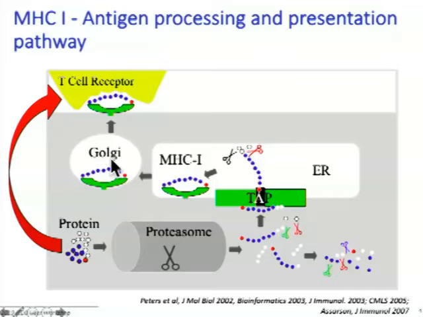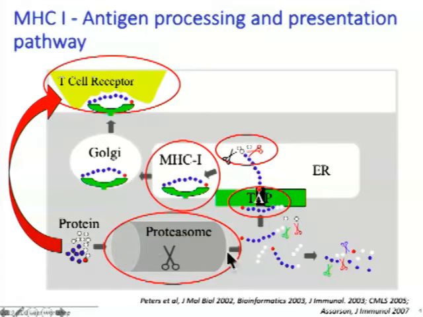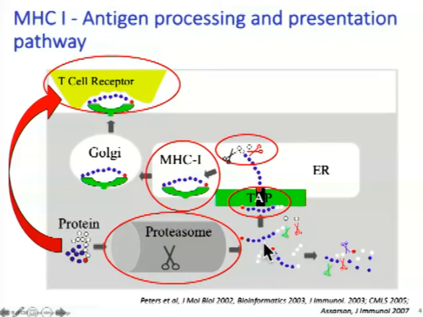Now, when you look at these different steps involved here, they are all specific in some shape or form. These are not random processes: the proteasome will cleave certain fragments, and TAP will transport preferably certain peptides, of certain lengths and with certain C-terminal residues specifically. And MHC class 1 molecules have a specific preference for binding specific peptides, and that's primarily what Sinu has talked about.